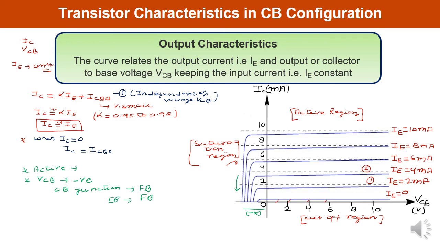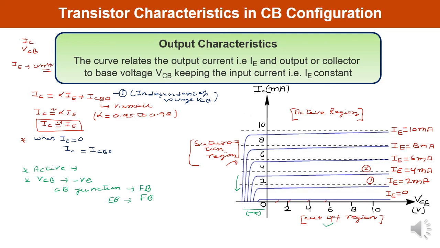While in the third region, the cutoff region, collector current is approximately 0, but it is not equal to 0. It has a very small value. So IE equal to 0 corresponds to the cutoff region because both the junctions are reverse biased over here.